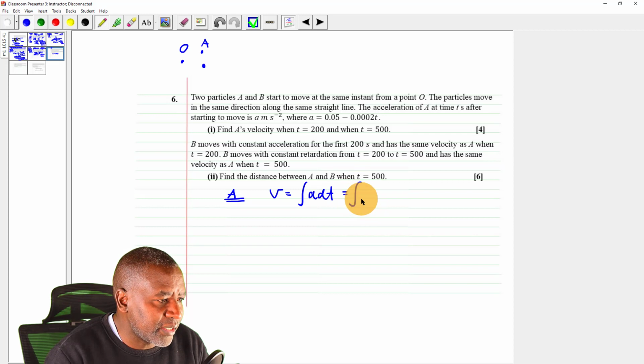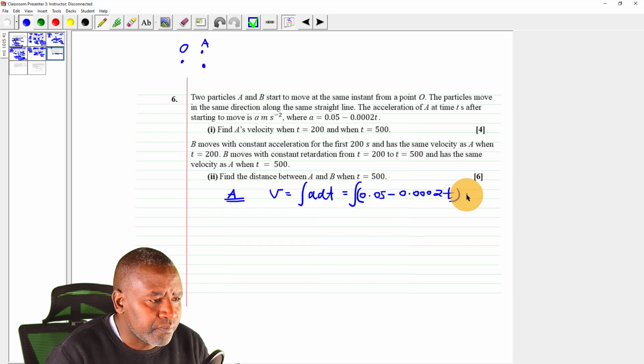So we integrate this function here, 0.05 minus 0.0002 t dt.